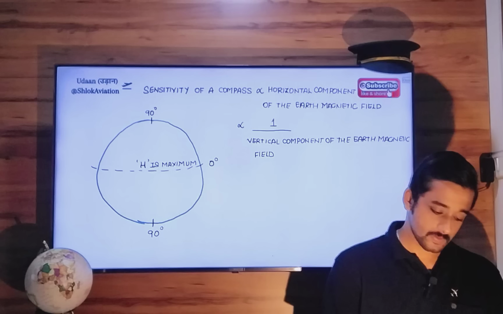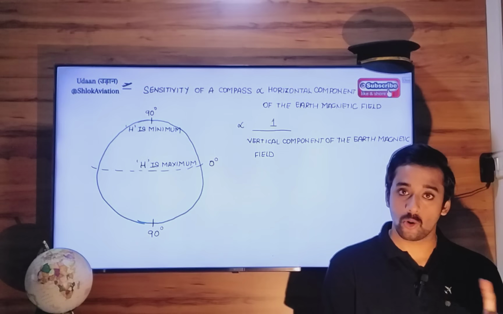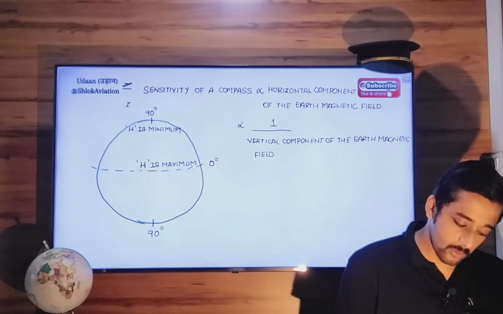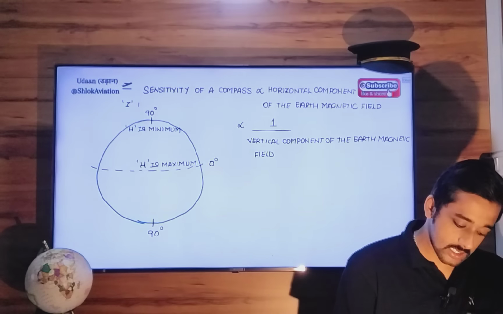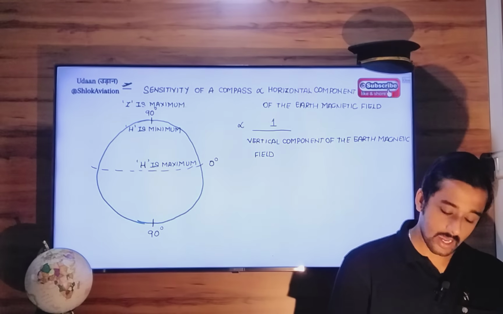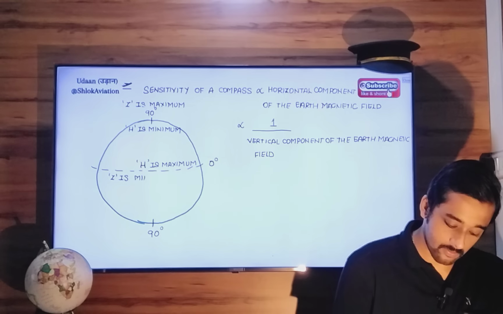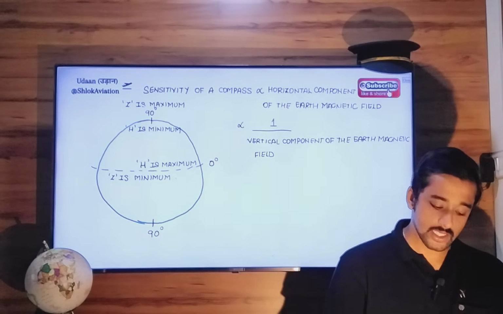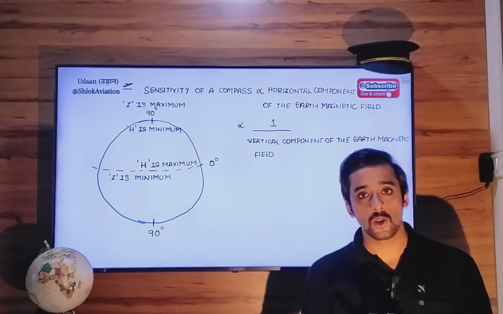At the poles, horizontal component H is minimum. But at the poles, contrary to this, the vertical component of the earth magnetic field is maximum. At the equator, the vertical component is minimum. That's why we say that a magnetic compass is best operable in the equatorial regions or low latitude regions.